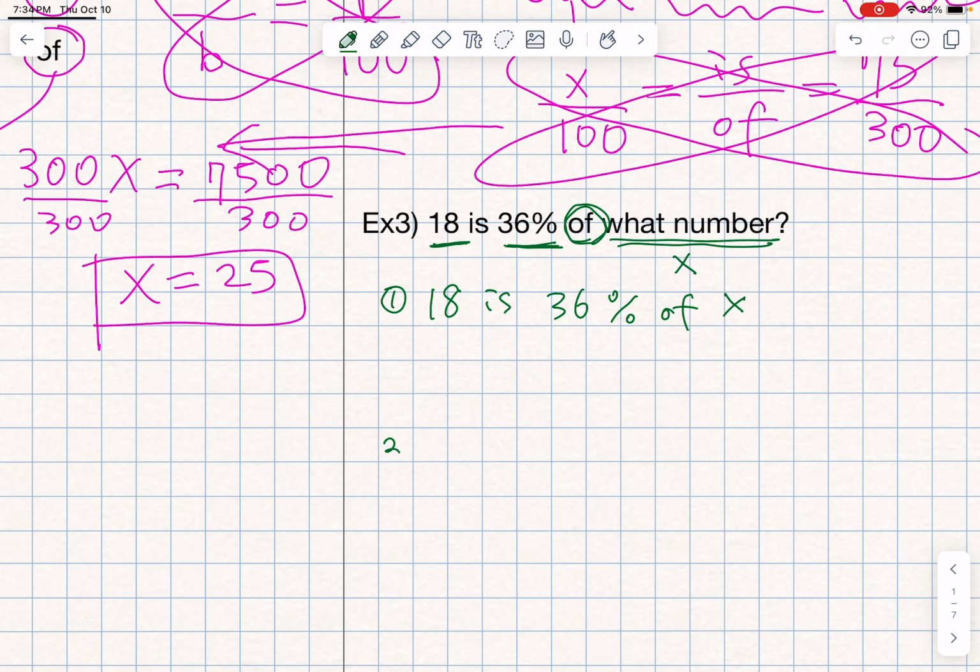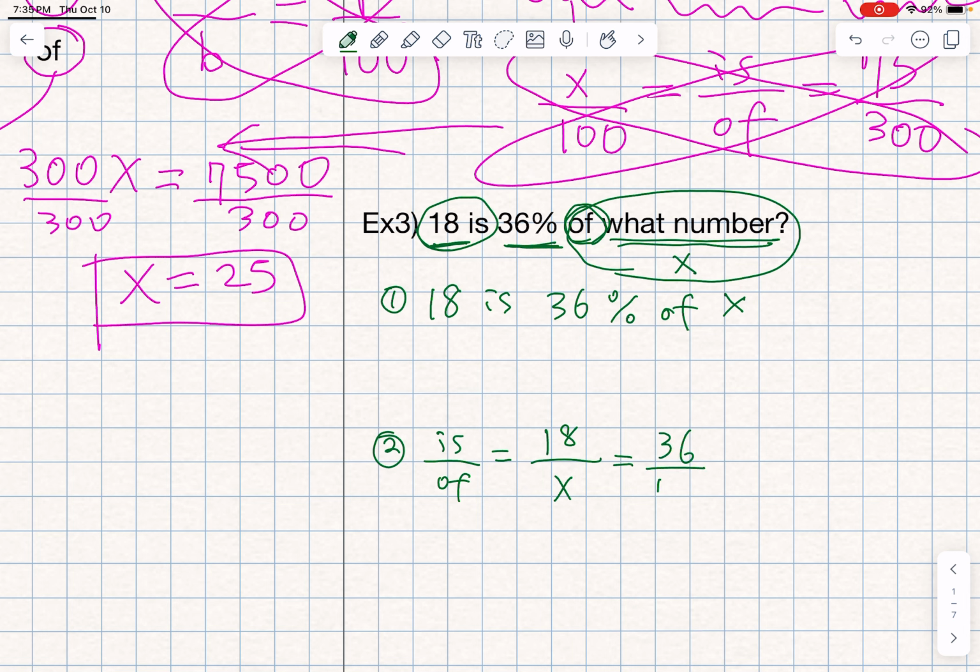Or you can change it to the proportion method. Is of will be is as a 18, of as a one number, we don't know, so x equal to percent as a fraction, which is 36 over 100.